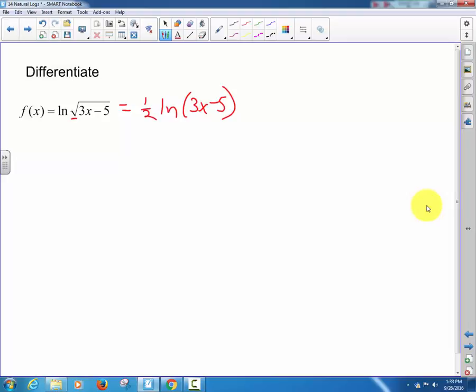Do I need to use the product rule because I have 1/2 times ln? No, why not? It's a constant number out there. Very good, very good. So I just know my answer is going to have 1/2. Then I take the derivative of ln of 3x minus 5, which is 1 over 3x minus 5 times the derivative of 3x minus 5, which is 3.